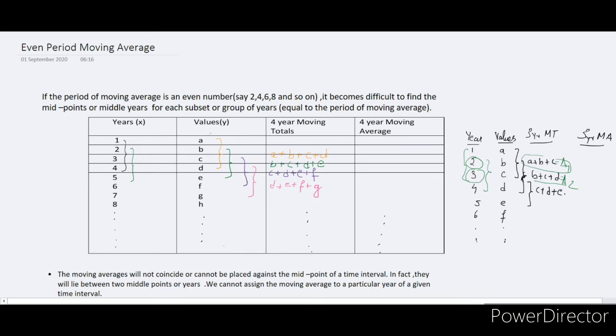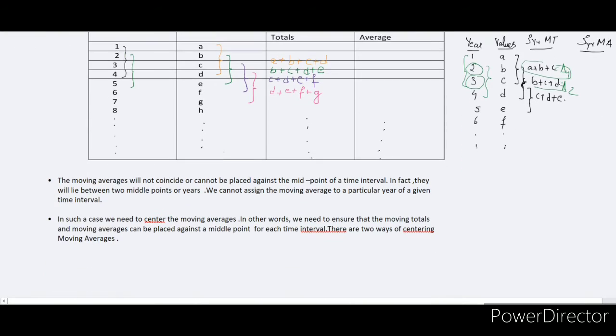But if you look at a 4-year moving average, or a 6-year or any even-year average, it's very difficult to find a middle year to assign the value to. That is why, in the case of a 4-year moving average, the moving averages will not coincide with the midpoint of a time interval.